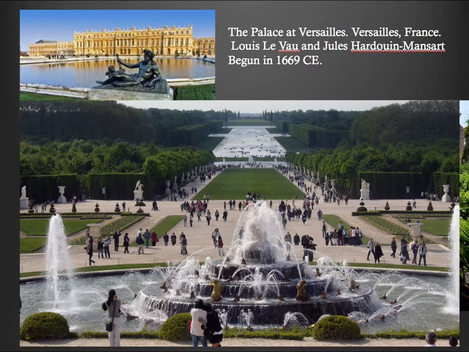The Palace at Versailles was begun by Louis Le Vau and Jules Hardouin-Mansart. It was originally an existing building, but the remodeling, if you will, began in 1669.